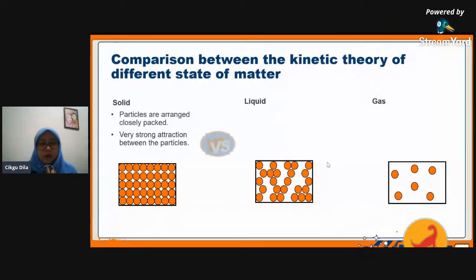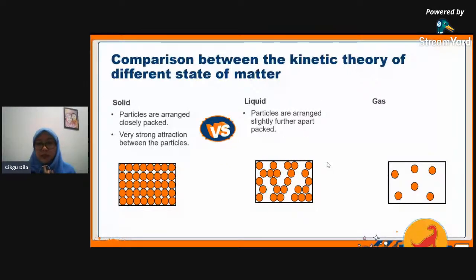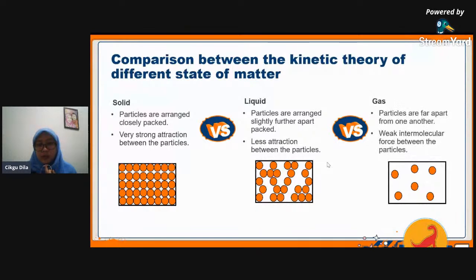In a liquid, the particles are arranged slightly further apart and there are weaker attractions between the particles. What about gas? In a gas, the particles are far apart from one another and there is a weak intermolecular force between the particles. So solid, liquid, and gas.